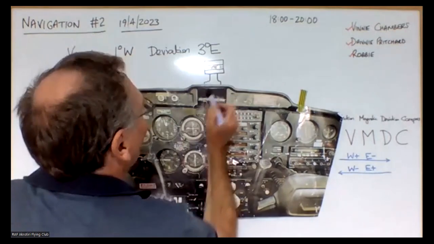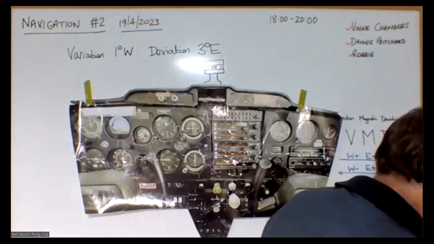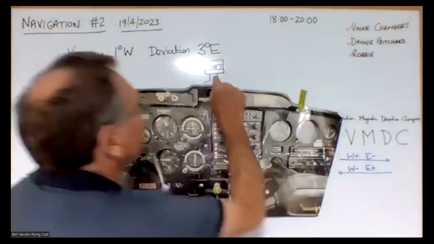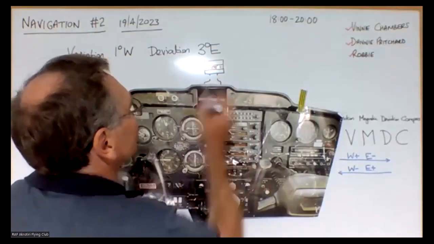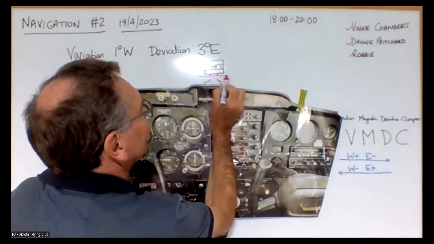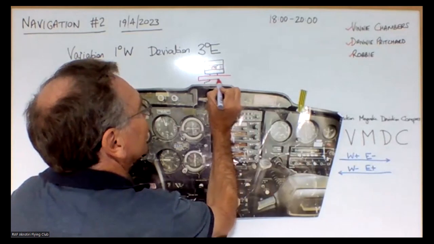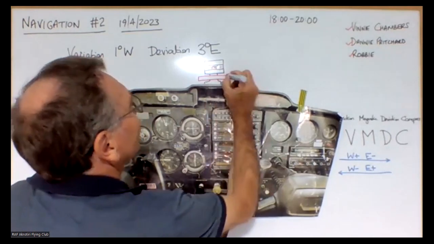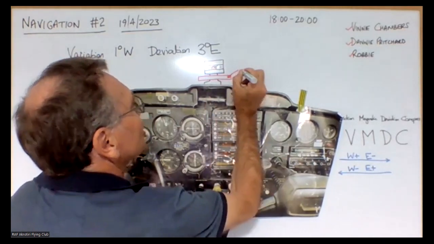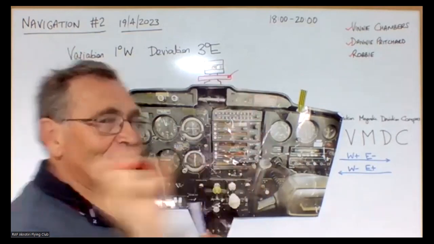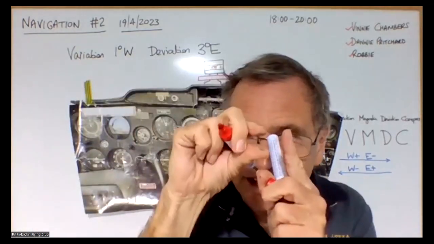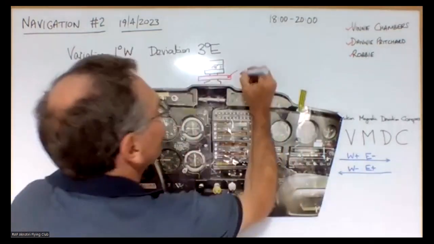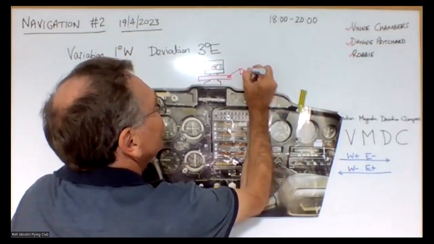And what you find is that underneath the compass there's a very small bit of paper. It's only literally that big and that high. It's just a tiny slip of paper, and we call this the deviation card.